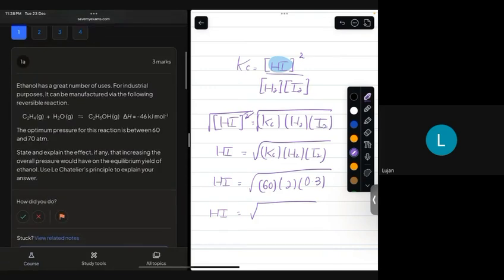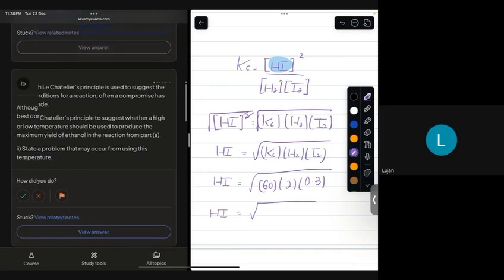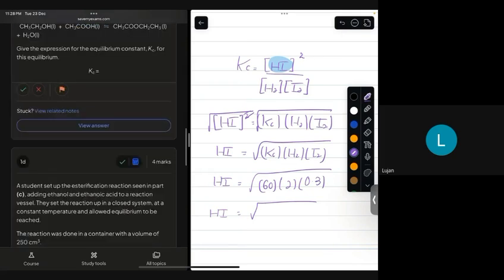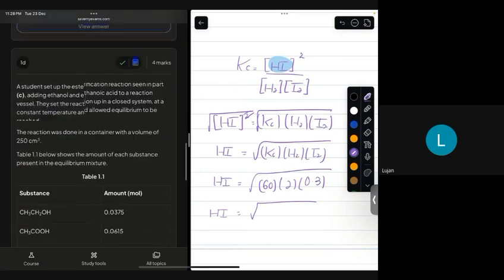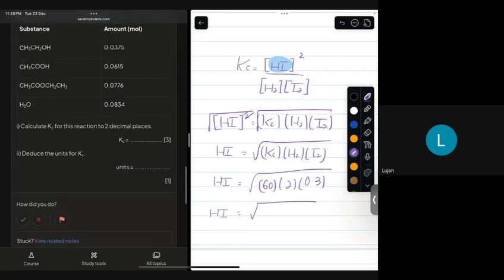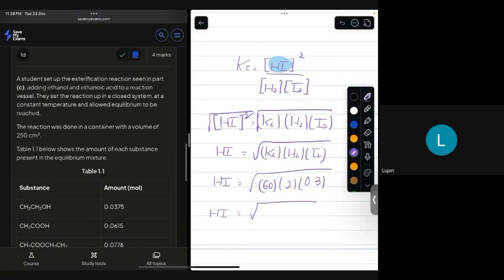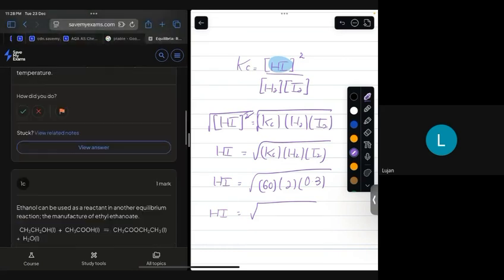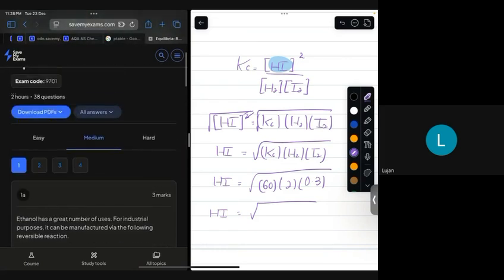Let me just find one for you. This is another Kc question, but this is not an ICE model because they have already given us the moles at equilibrium, right?